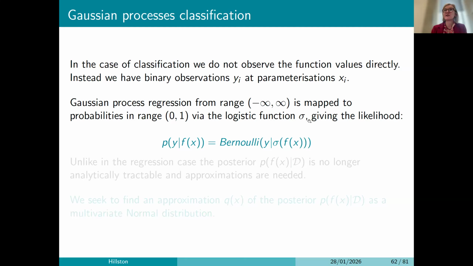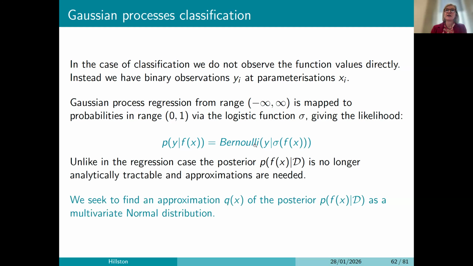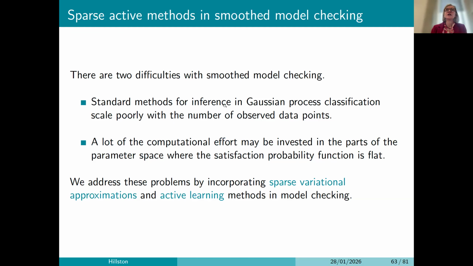And we use a logistic function to look at our likelihood of a particular observation from our function in terms of a Bernoulli. As I said, this is no longer analytically tractable, so we need to make approximations. So we approximate this P with a function Q, which is a multivariate normal distribution.